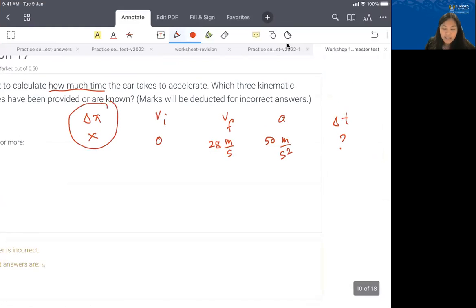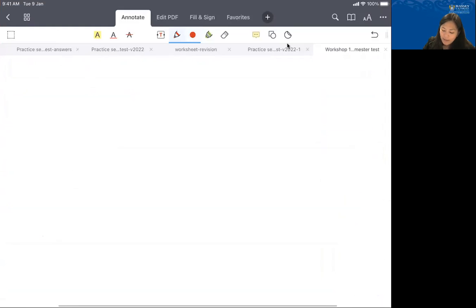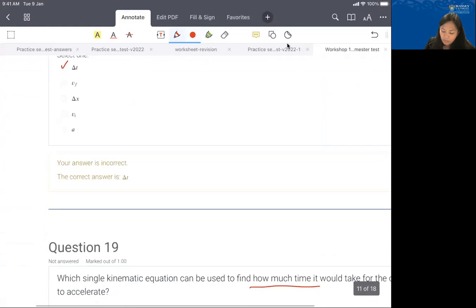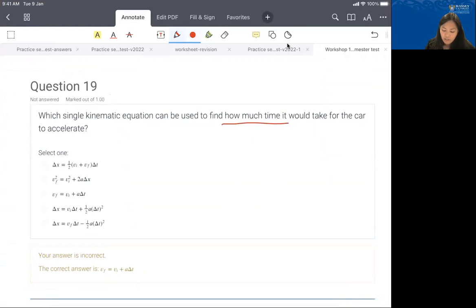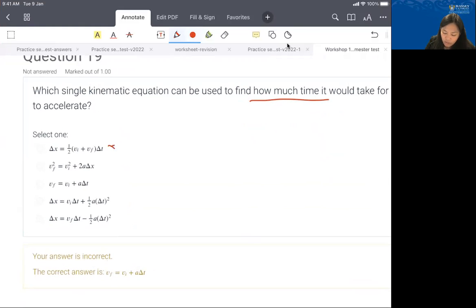There is no information about delta x, and so any equation that has delta x will be useless for finding delta t. You can already eliminate anything that has delta x. There's only one equation that you can use, Vf equals Vi plus A delta t.